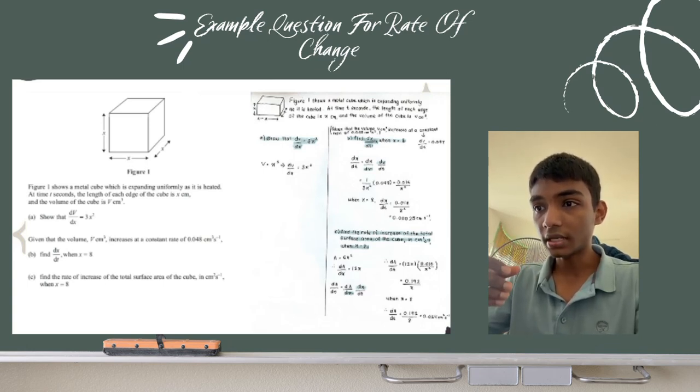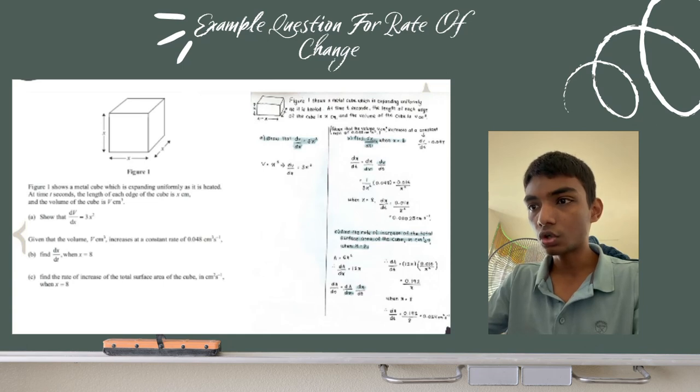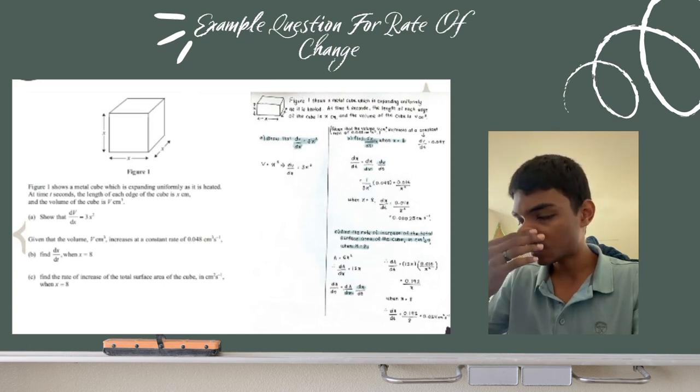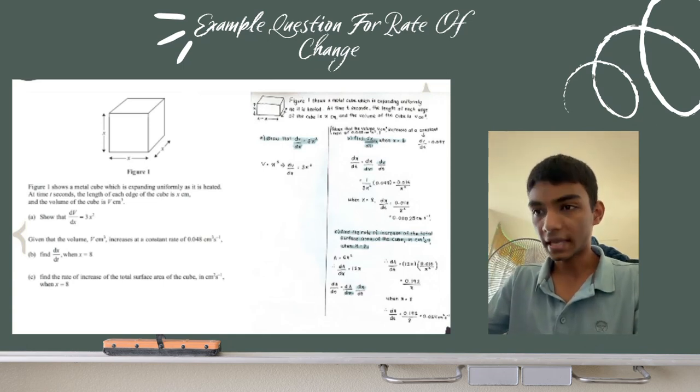So when x equals 8, dx over dt equals 0.016 over 8 squared, which equals 0.00025 centimeters per second.